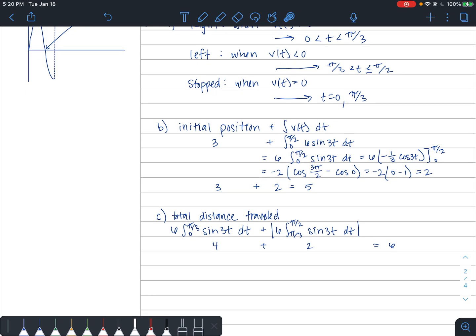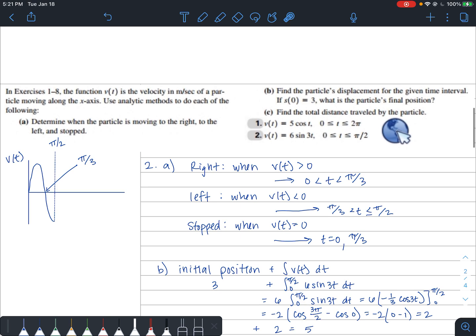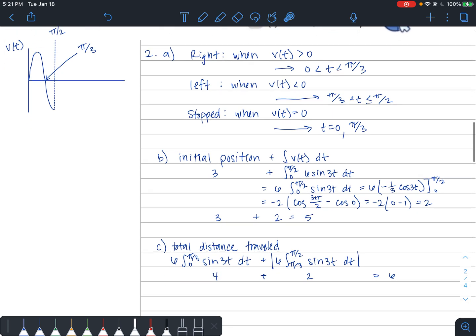For C, find the total distance traveled. Total distance traveled doesn't need its initial position. It's irrelevant. We just want to know how far it moved, how many units it moved forward and backwards. So we're going to need absolute value.